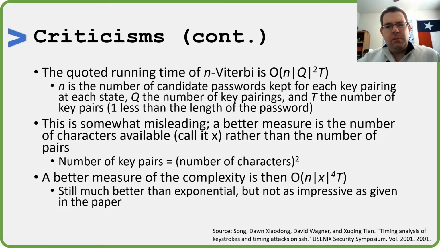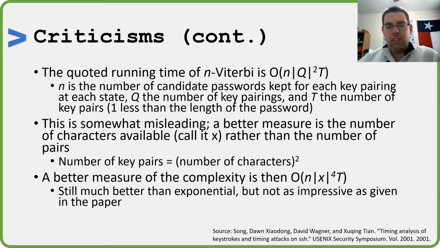And my second criticism is a little more nitpicky, but they talk about the runtime of what they call n Viterbi, their modified Viterbi algorithm, as being order of n times q squared t, where n is the number of candidate passwords you're keeping, which is actually a percentage of the overall number of passwords. Q is the number of key pairings, and T is the number of key pairs that you're measuring. It's a little bit misleading to say that it's Q squared, it bothers me just a little bit, just because you can do better than that.